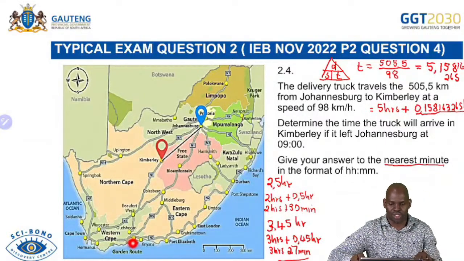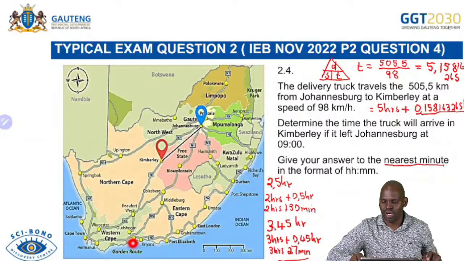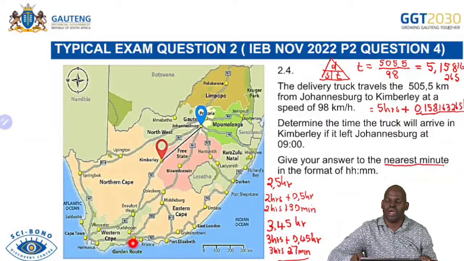Then if you take 0.158163265, okay, you take the whole fraction or all the digits, and you multiply them by 60.